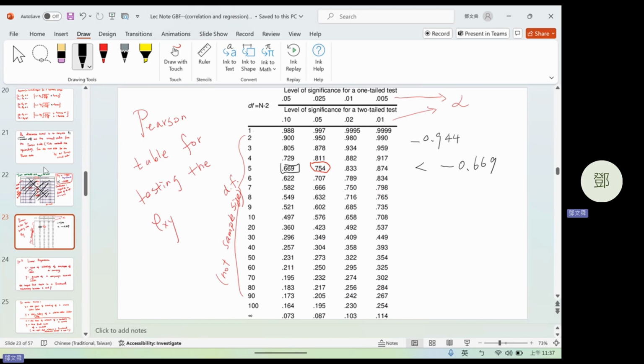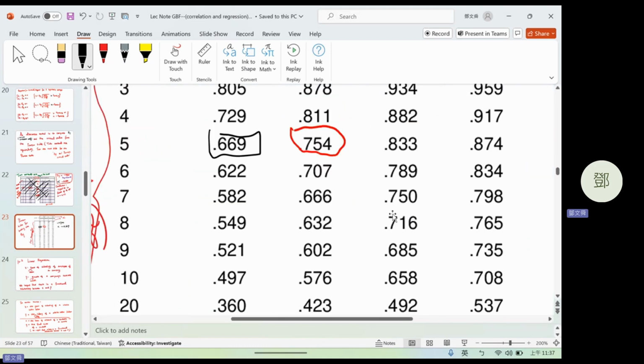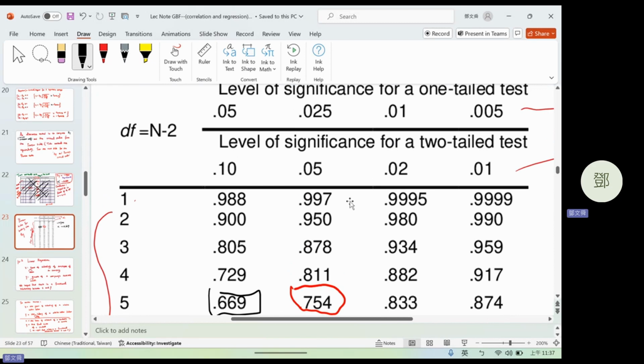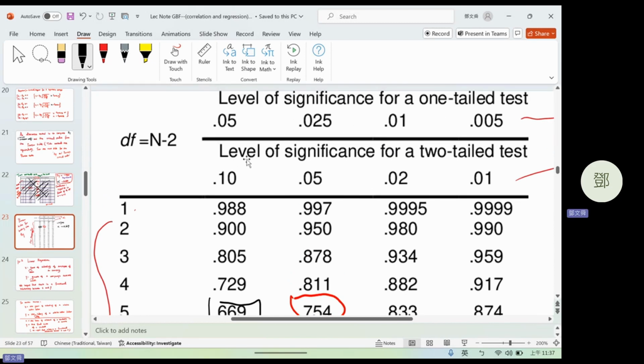Hey, this is the value you need. This one, because it's a one-tail test, 0.05 here. One tail, because we are performing the left tail test. So it is 0.05. And now this is 7 minus 2.